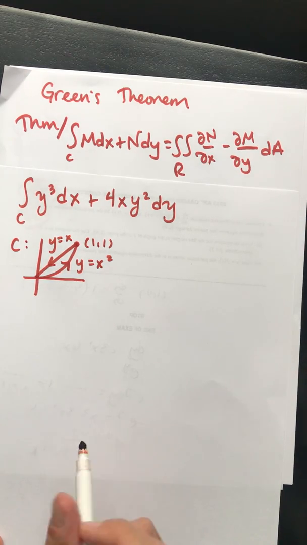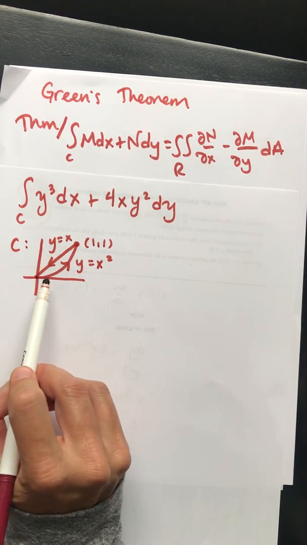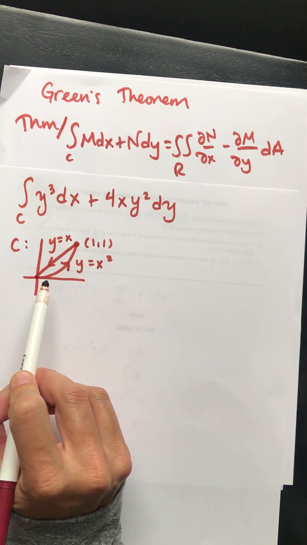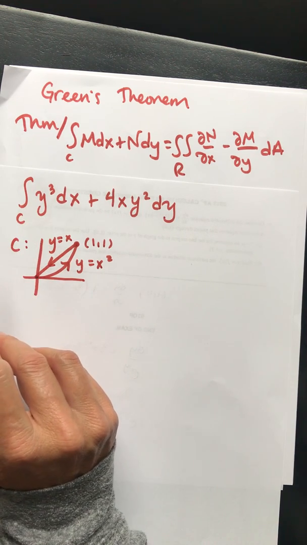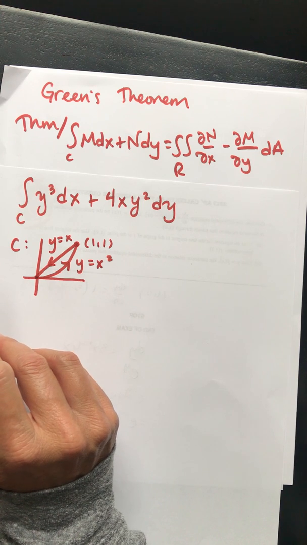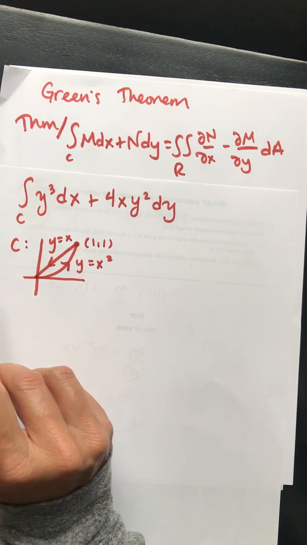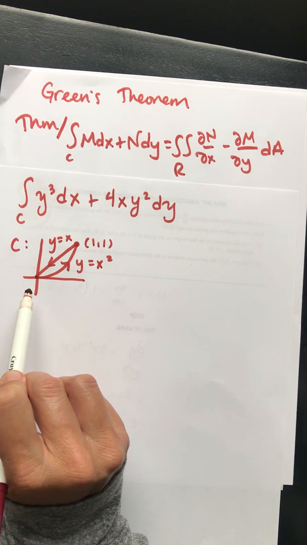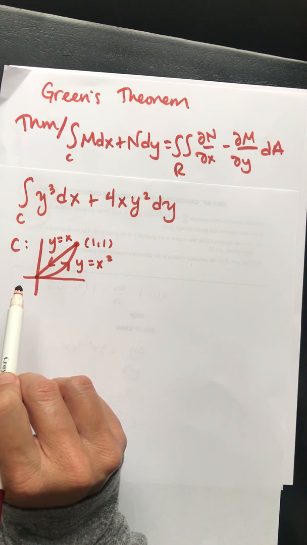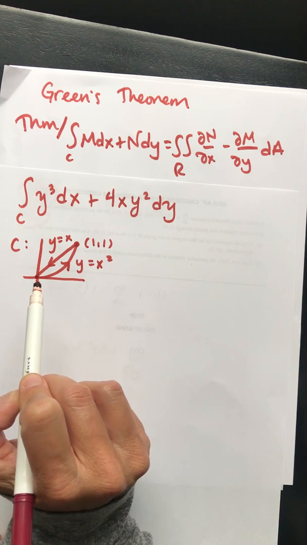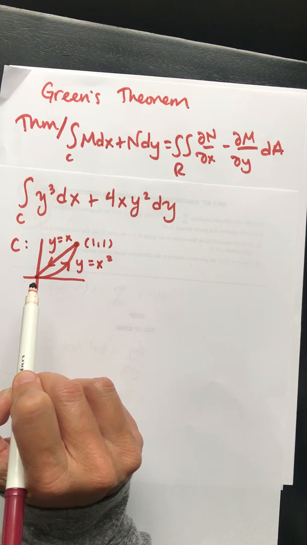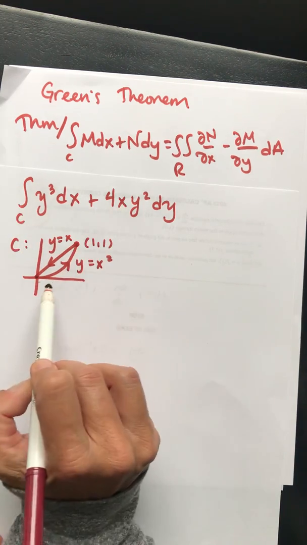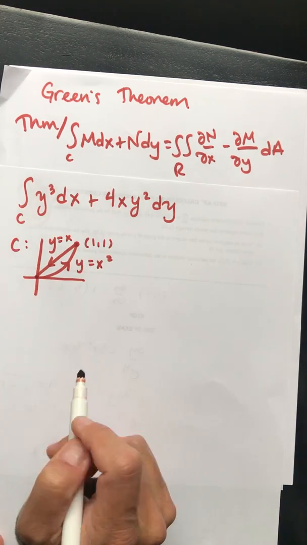I'm starting and ending in the same point, so I have a closed curve. If my field is conservative, then I'd net nothing here, but that's not necessarily true. I'm not finding work, I'm just evaluating this line integral. So how much of this function is going to accumulate around this curve?